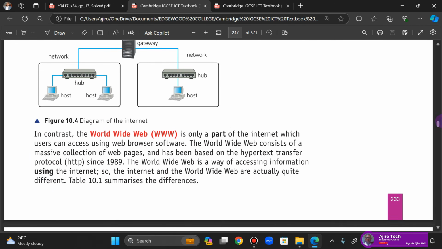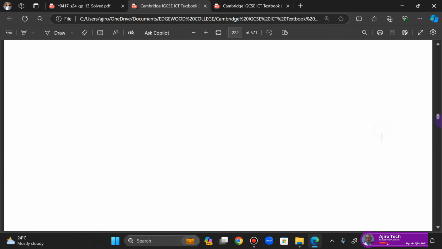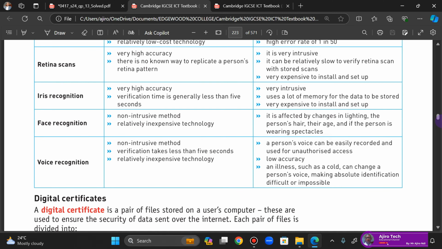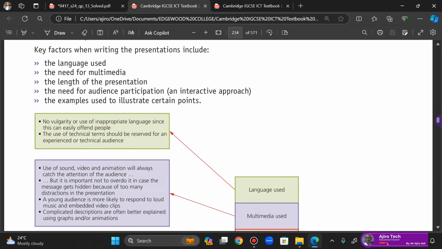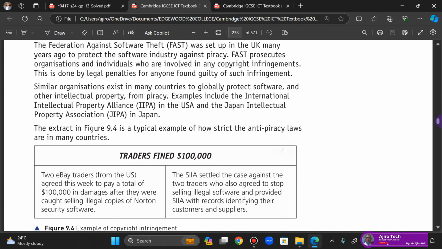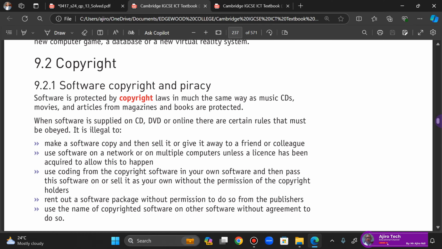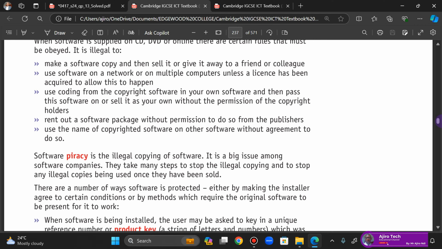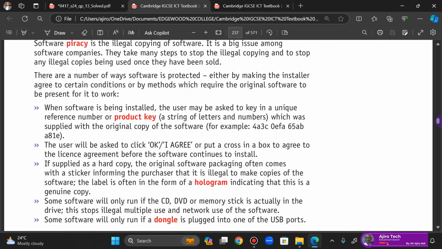This is chapter 10. Right here. Okay, so it's already right here. Look at it. You see that, right? Software copyright. Okay, so this is very, very important. And we have software piracy. So all these things are very important.